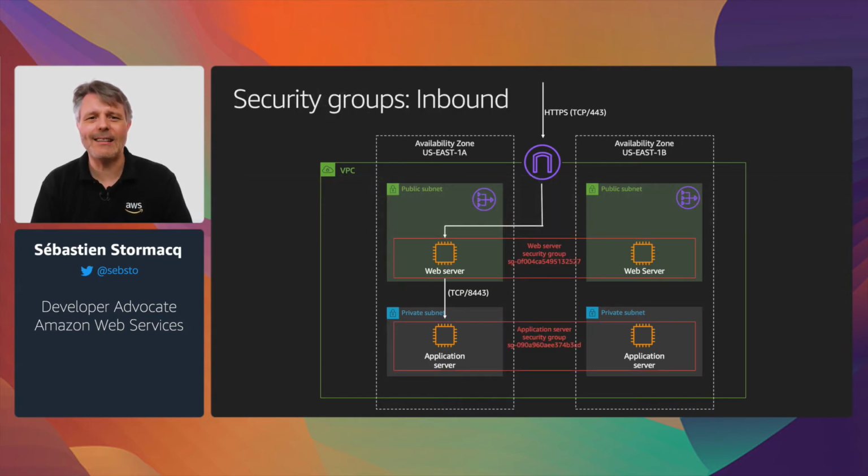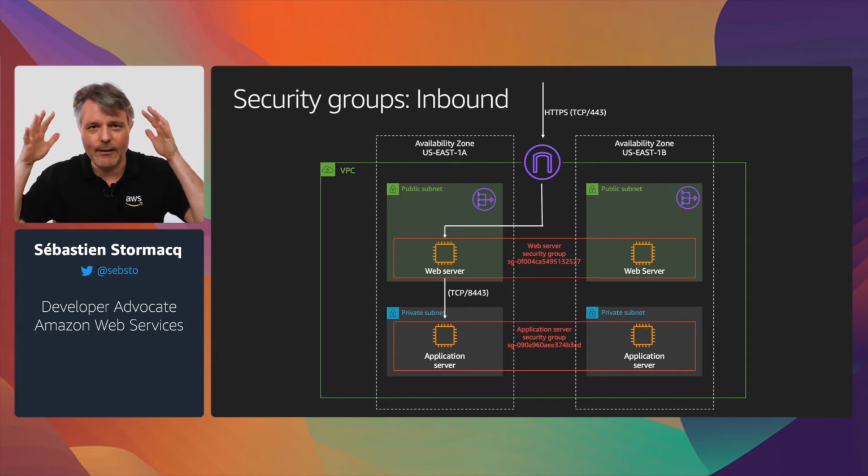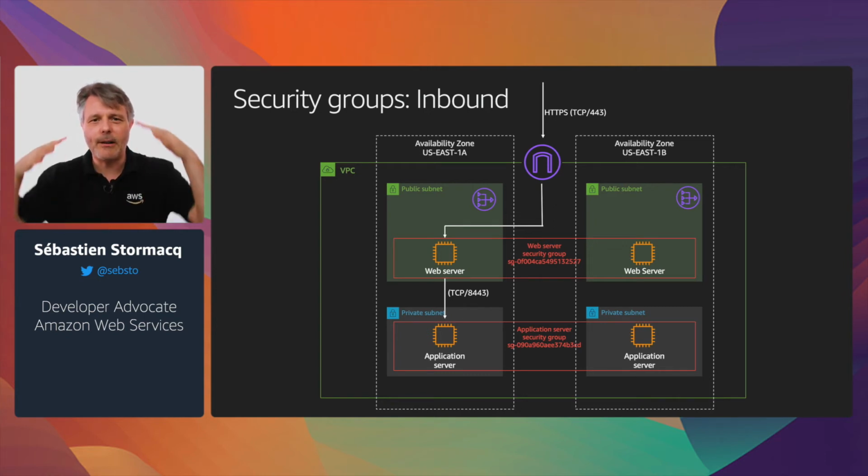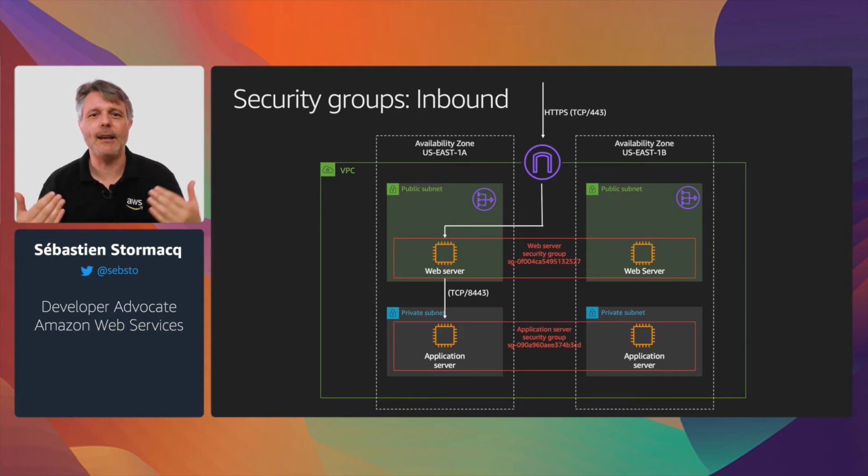Security groups are stateful, and it's a filter that works at the network interface level. So I like to give the analogy of a shield. When you launch an Amazon EC2 instance, you put it inside one or several security groups, and a security group is like a shield. So it protects the instance from any incoming connection coming to that instance.